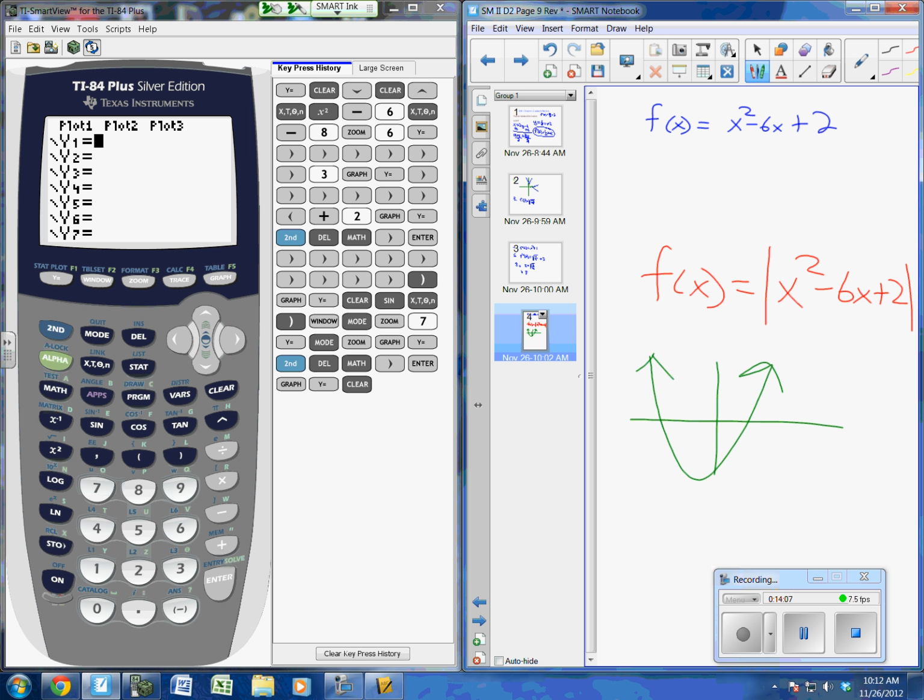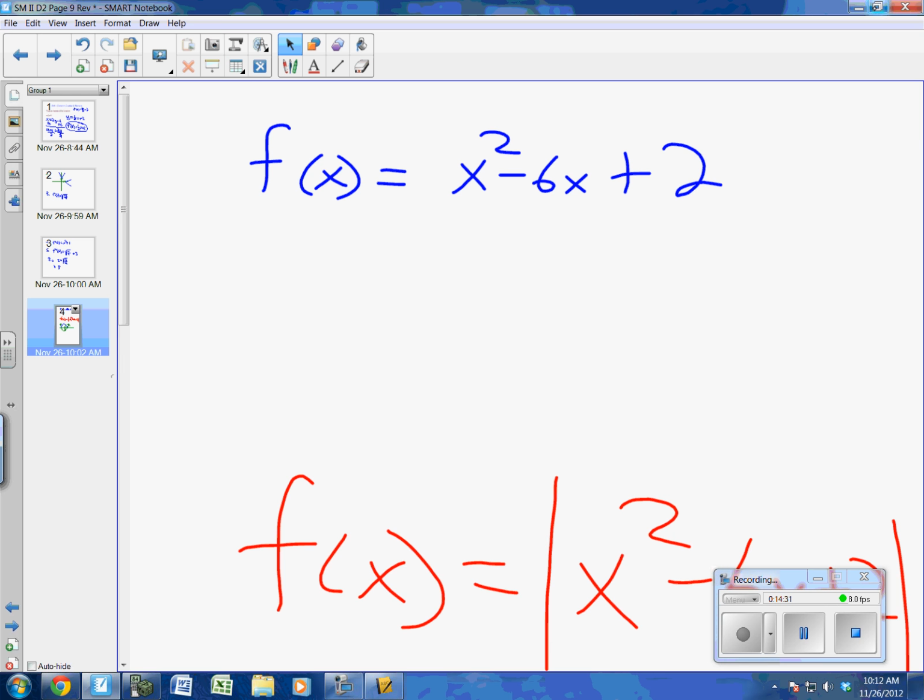And it's going to give you 4 or 5 different choices, A, B, C, D, or E. Well, you should know that anything below the x-axis is going to be reflected above the x-axis. Got it? Any questions there? Okay. All right, that's one of the questions that's going to be on your test.